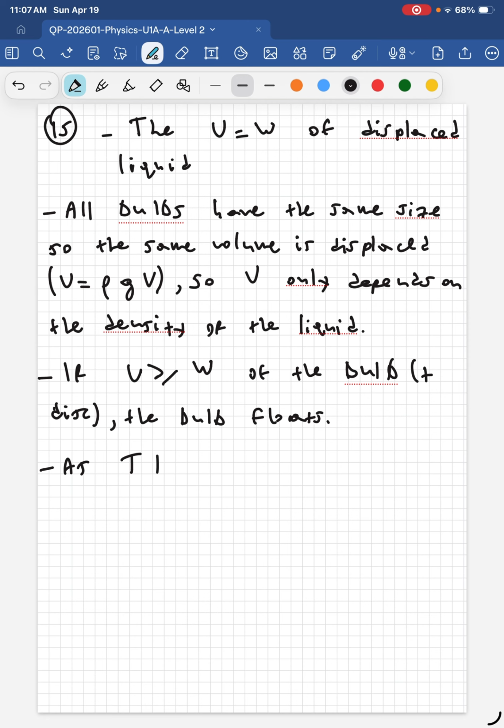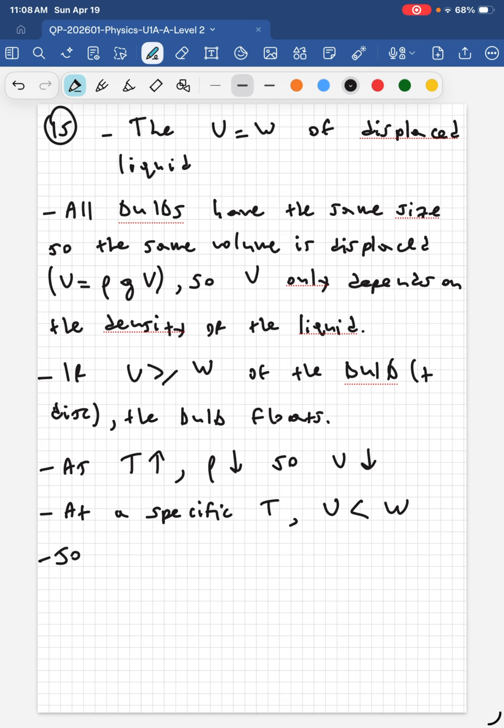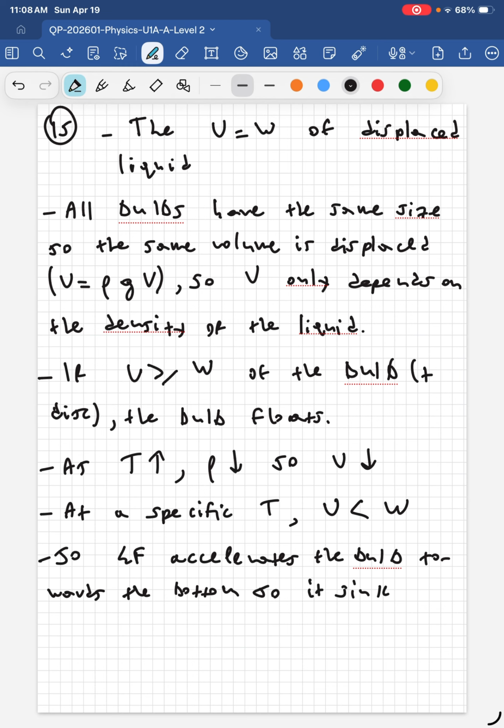As the temperature increases, the density of the fluid decreases, so the upthrust decreases. So at a specific temperature, the upthrust becomes smaller than the weight. So the sum of all forces accelerates the bulb towards the bottom. So it sinks.